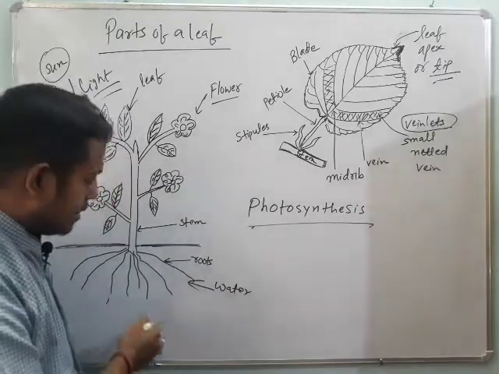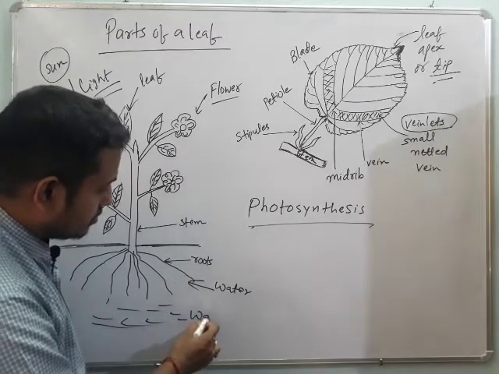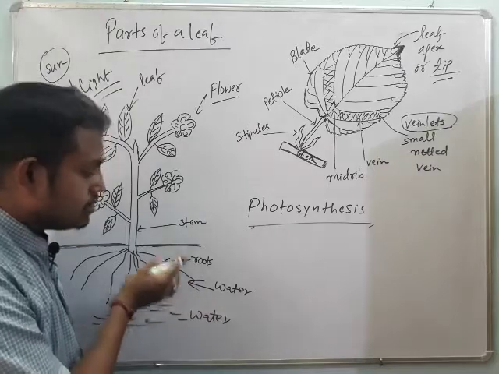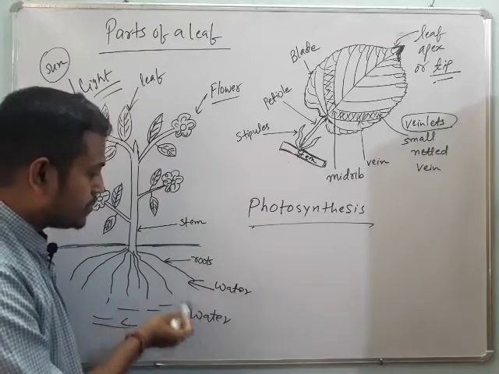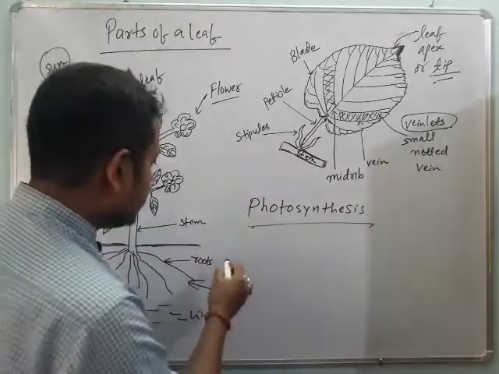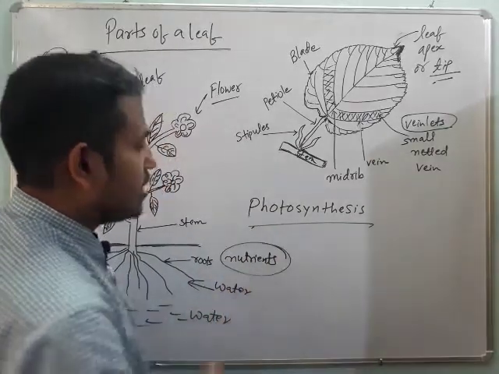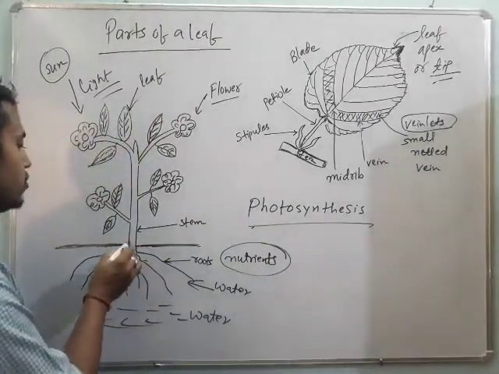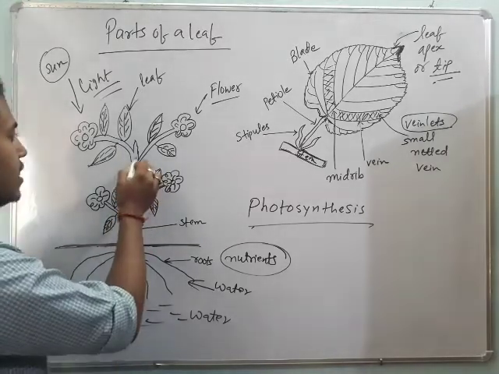You know, underground we have water, right? Roots receive the water and it forms nutrients, which means the food for the plant, and it will go through the stem, and the stem will circulate to everyone.